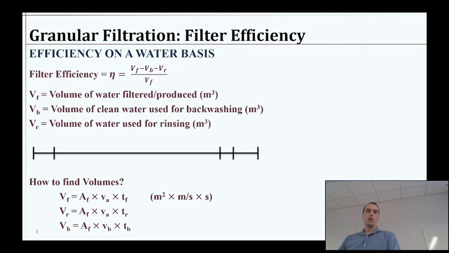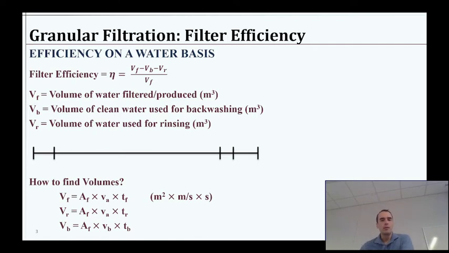All right. So let's talk about the typical scheme of a given cycle and how that impacts how efficient the filter is on a water basis, and then we'll get on to the effective loading rate, where we average the water produced over time.